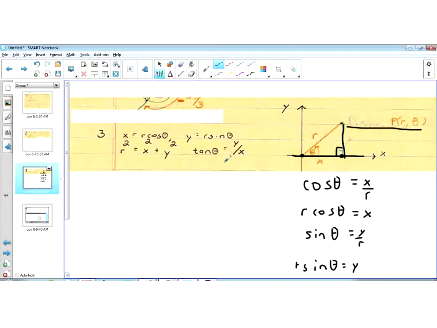And then we have, of course, that r squared is equal to x squared plus y squared by the Pythagorean theorem. And we know that the tangent of theta is equal to y over x. So if we have a point x, y, okay, and we wanted to express it in polar coordinates, then we would say that the point would be r cosine theta, r sine theta.